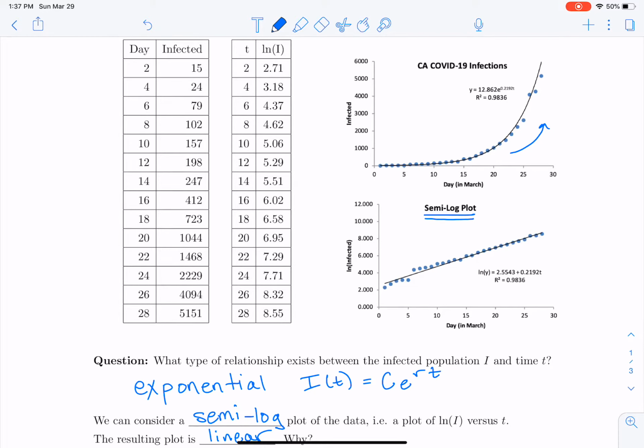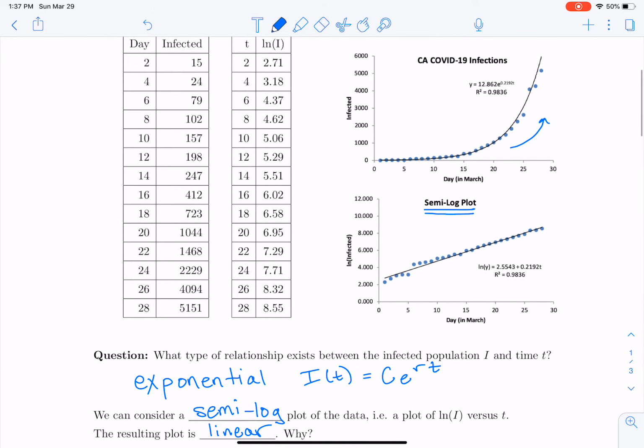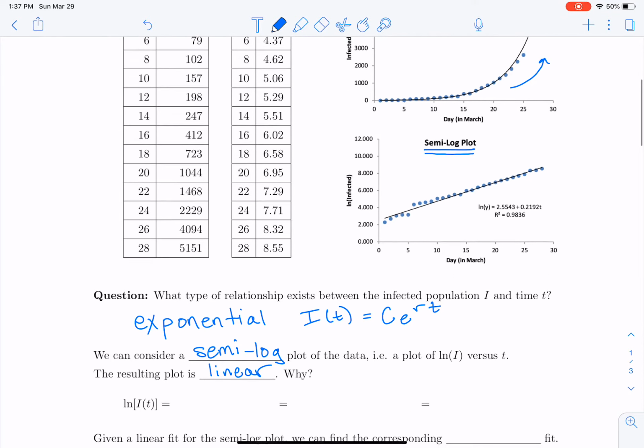Now, why is it that if you start with exponential data, when you take the natural log of the dependent variable, you get something that looks linear? Let's explore that for a second.